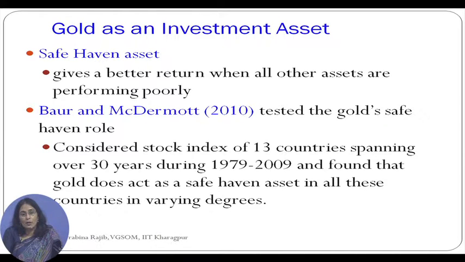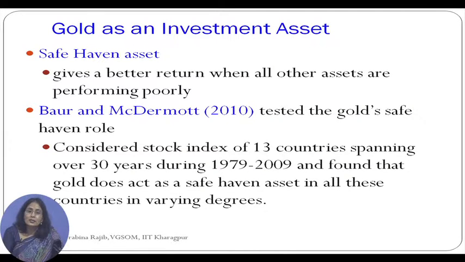Gold tends to have a negative correlation with economic activity. So whenever the economy is in a poor state, if people have invested in gold, they get better returns. This particular study, which you can see in the PPT, by Baur and McDermott in 2010, proved the safe haven asset aspect of gold.